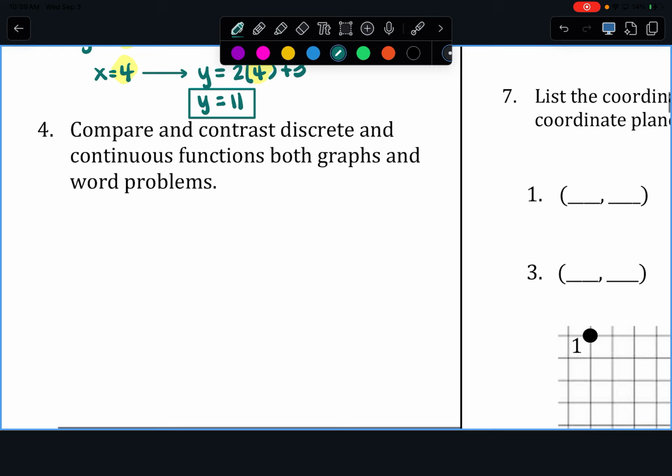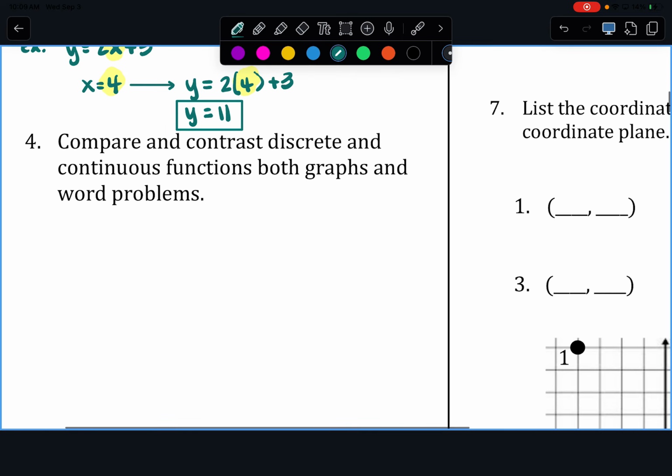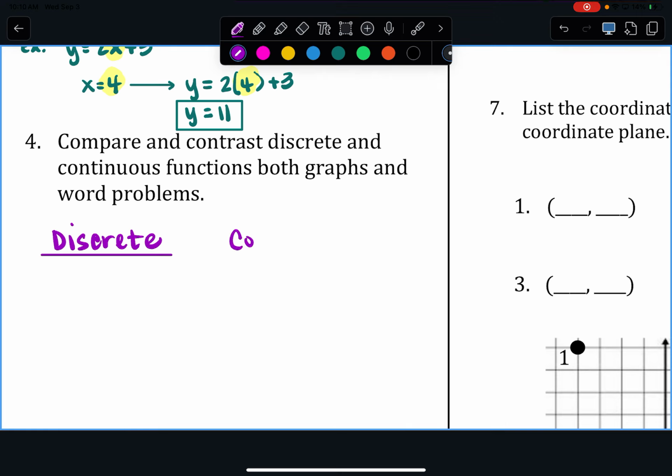All right, number 4, compare and contrast discrete graphs versus continuous graphs. Okay, so I'm just going to describe discrete graphs, and then continuous. So remember, discrete graphs is dots, okay?